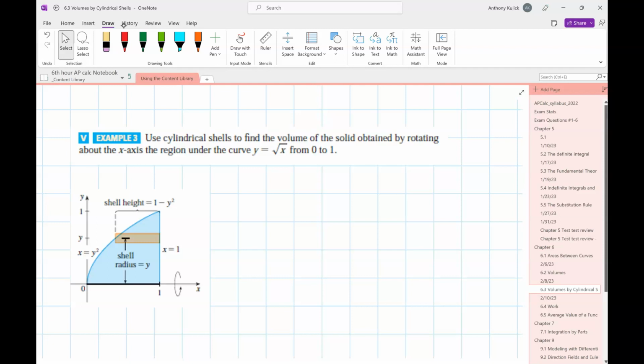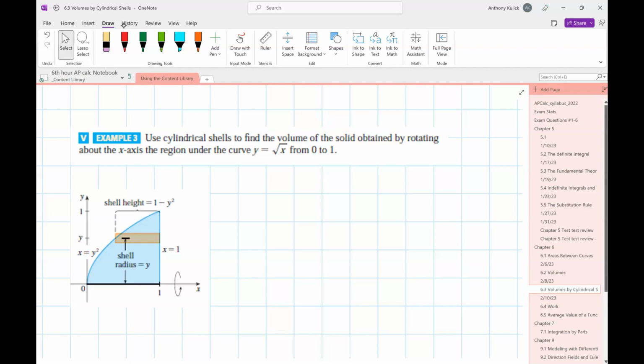Why wouldn't we be able to use discs? You could. Right now, we're practicing just identifying the parts for the method. But yes, you could absolutely do this by discs, and it would not be difficult either. You're going to find that there's stuff that you could use either method on. It's not a big deal. There's stuff that discs or washers will work decidedly better on, and stuff that shells will work decidedly better on.